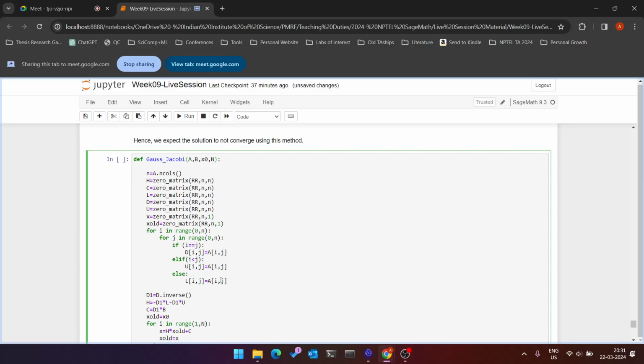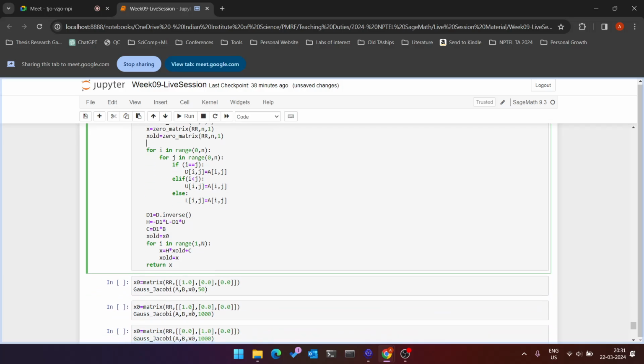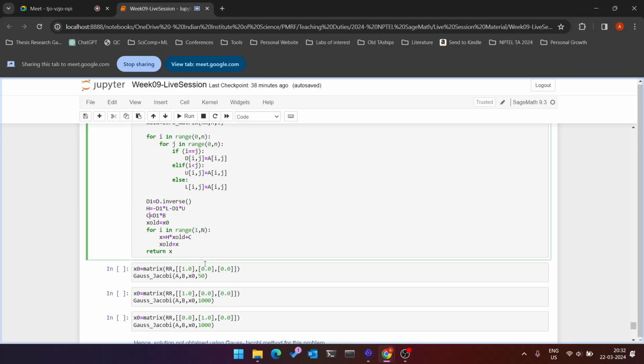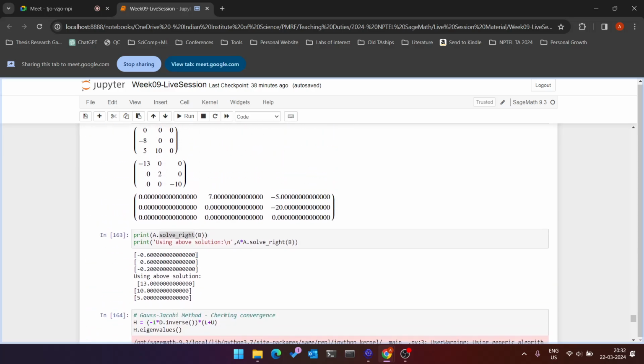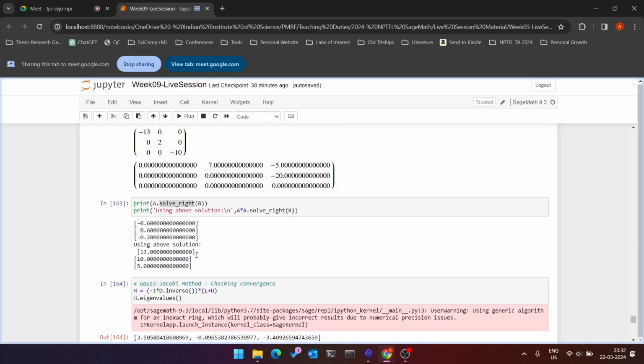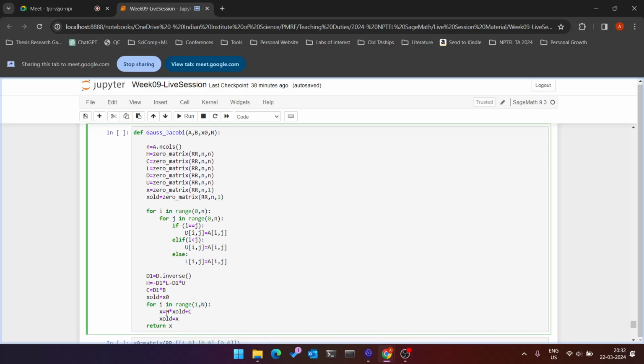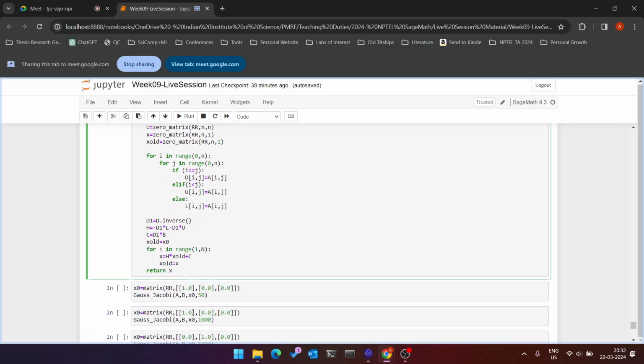Using this algorithm, I'm basically calculating D, U, and L matrices, then the iteration matrix, which is minus D inverse into L plus U, and my C matrix, which is D inverse of B. Now I run this loop for n iterations, where the k plus 1th x is nothing but H times xk plus C, and I return the final result.